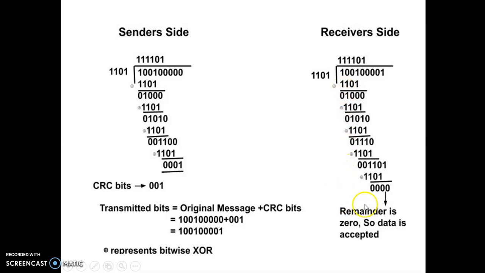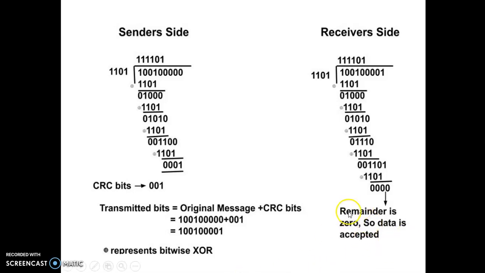After doing the long binary division for the received data portion, if we get 0 bits as the remainder, then the data is accepted and it is considered that there is no error between the data frames sent from the sender side and the data received at the receiver end. The frames are error free.